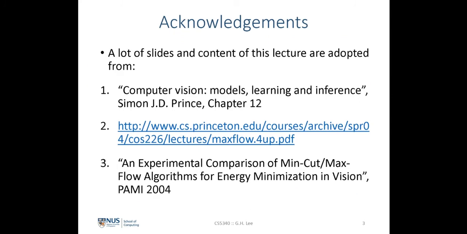Of course, I didn't invent any of today's material. I took a lot of slides and content of today's lecture from the textbook written by Simon Prince. Although this is a textbook written for computer vision, it contains a very detailed description of graph cut and the relation between the max flow min cut algorithm with probabilistic inference.